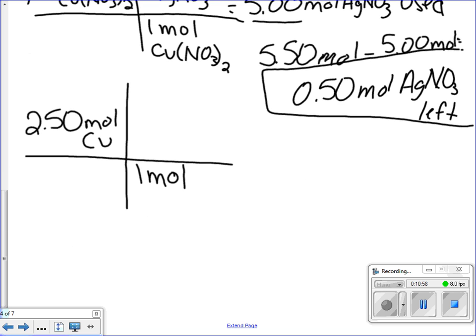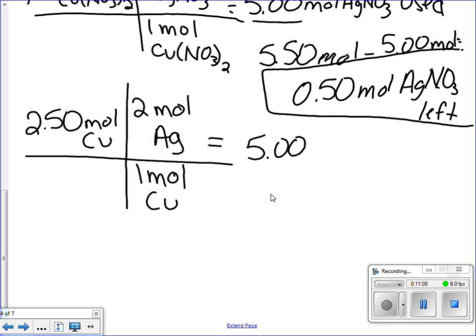We put copper on the bottom because we want to cancel it out. And we want silver on top because that's what units our answer should be in. So we get 5 moles of silver. If I have 2.5 moles of copper, I can make 5 moles of silver. All right, so that is all of C.